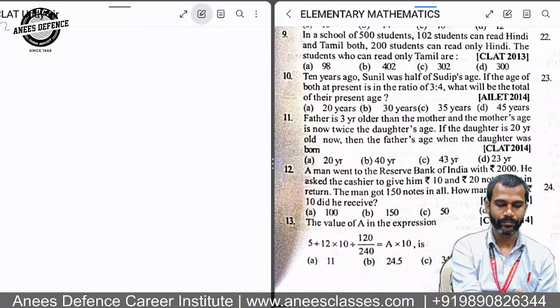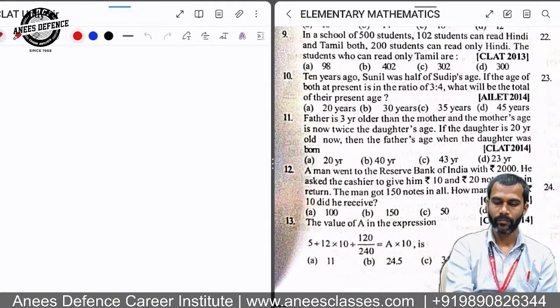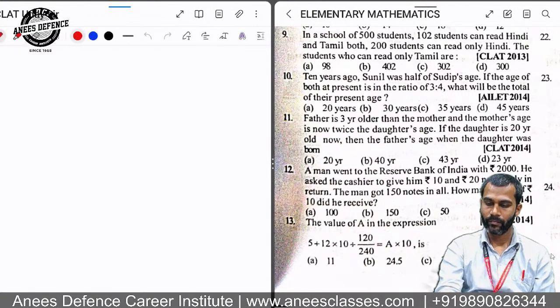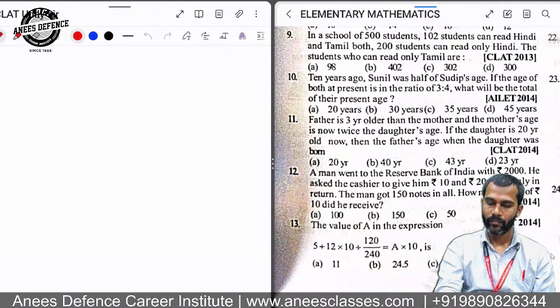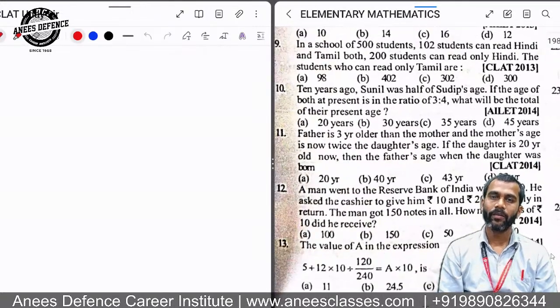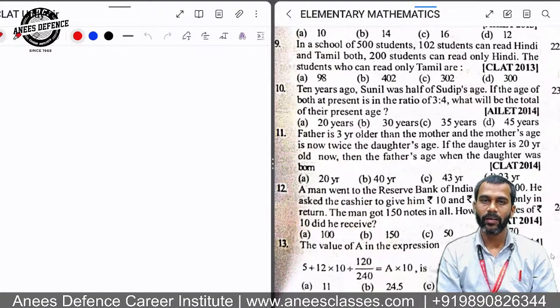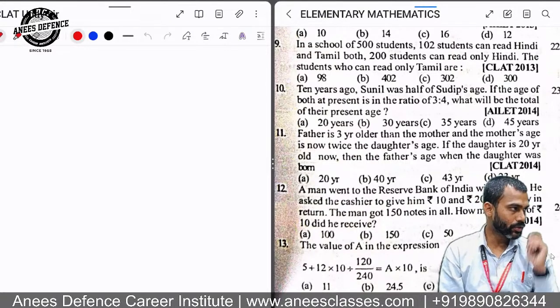Question number 9. In a school of 500 students, 102 students can read Hindi. You don't have to write the question.